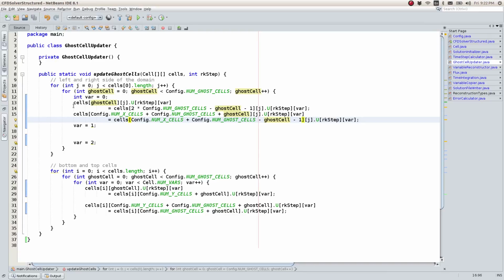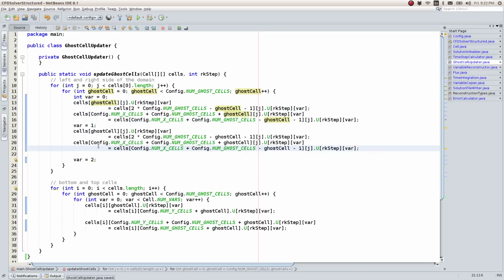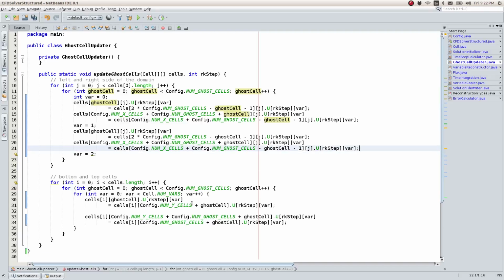Okay, so now this is for variable equal to 0. Now I can just copy this and paste it here. Now for variable 1, that is h times u. So we want h times u for the left and the right face to be equal to 0.